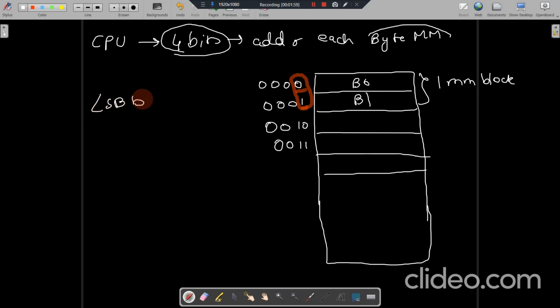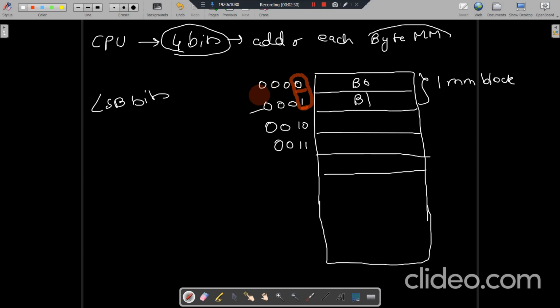So the number of LSB bits equals the number required to represent each byte inside a block, right? That is the size of each block. From there we can understand how many bytes each main memory block has inside it, and from how many distinct bytes we understand how many bits I require from the end of the CPU generated address to represent those bytes individually.